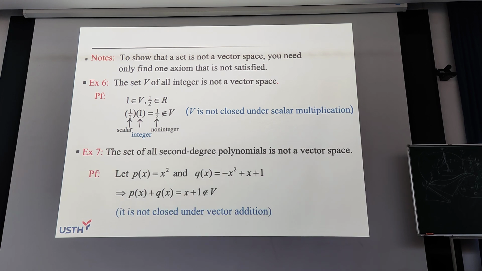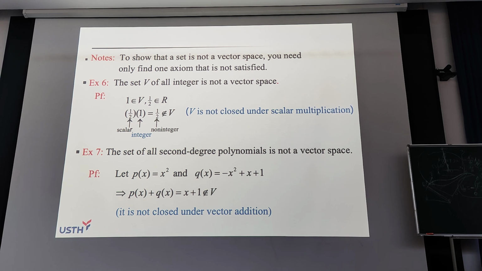Next, we consider the set of all second degree polynomials. Before, we took the example of a vector space consisting of all polynomials with degree less than or equal to n. For example, the set of all polynomials with degree less than or equal to 2 is a vector space.